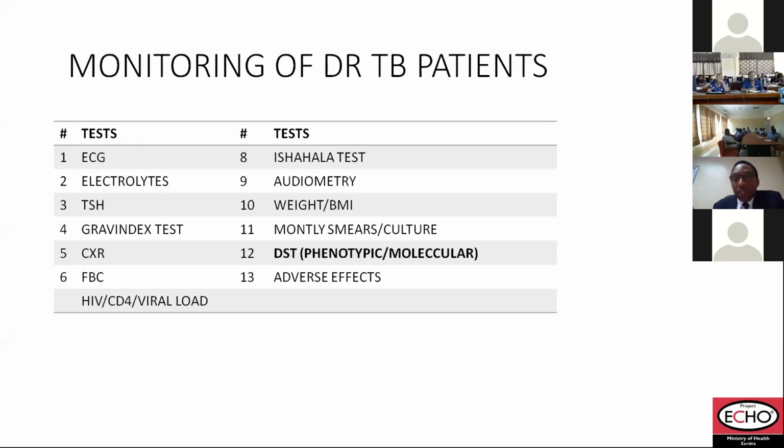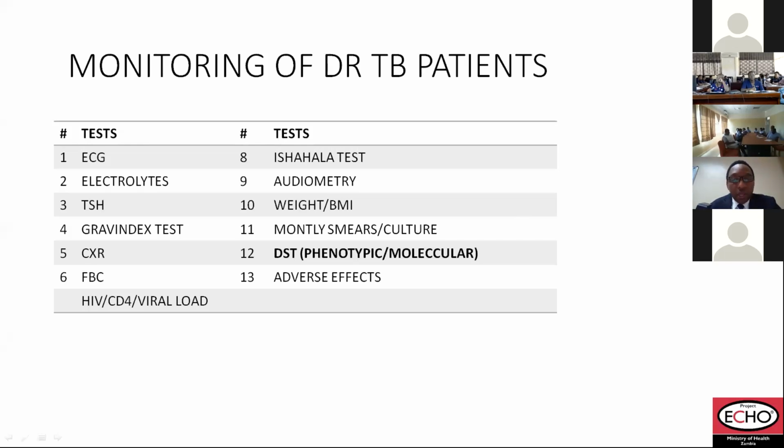Patients with drug-resistant TB require a lot of monitoring. The reasons for monitoring are that we're monitoring for response to therapy. We are also monitoring for development of adverse effects. So it is very important that these patients are closely monitored. Our female patients need to be monitored for pregnancy.